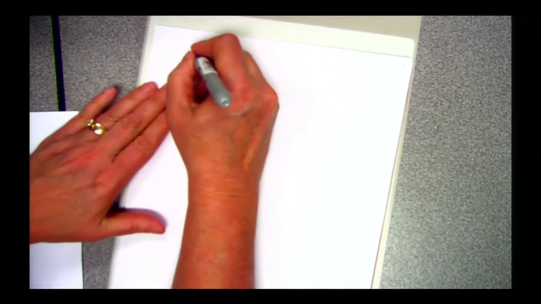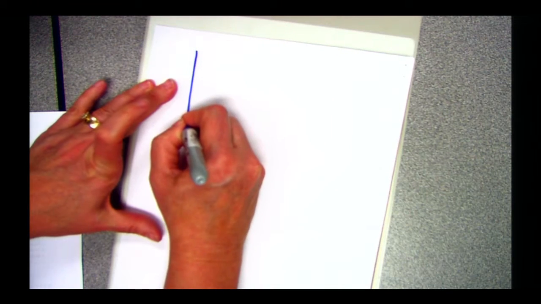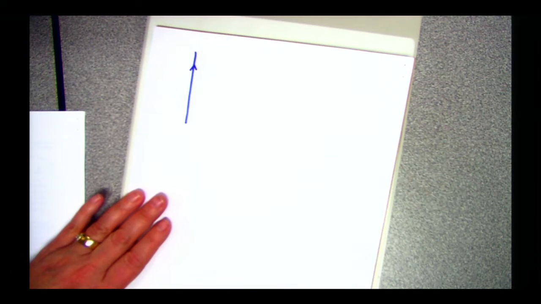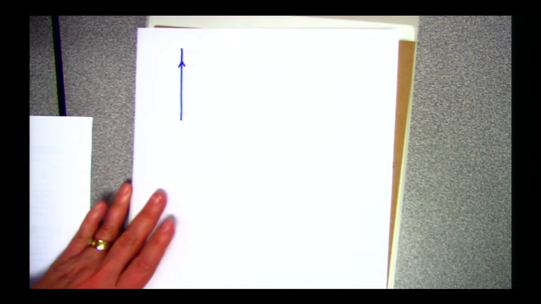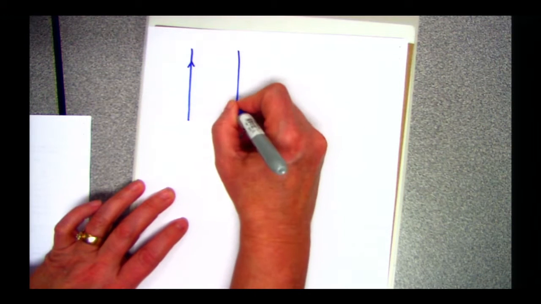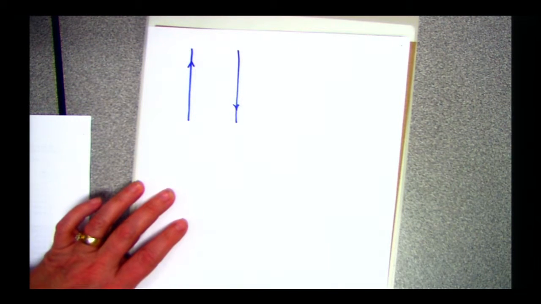So if I take two wires, hang on, I'm going to set this up to make sure I've got everything I want on the screen. All right. So I'm going to set up a wire, and this wire has got a current going in that direction. And I've got another wire, and I've got a current going in that direction.